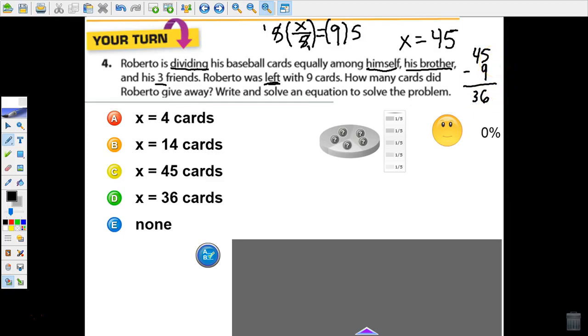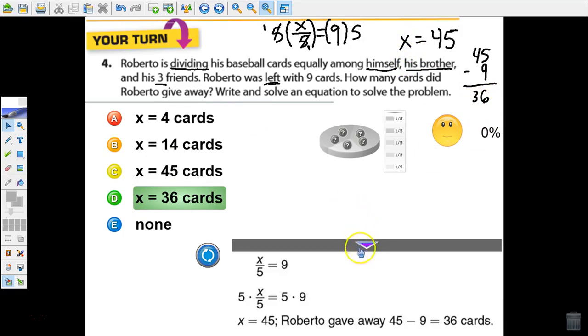He did. All right, let's check the answer. So x does not equal 36. x equals 45. And then the amount of cards that he gave away was 36. Okay? So Roberto gave away 36 cards.